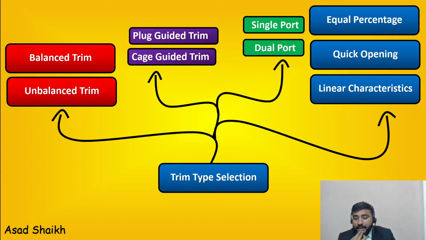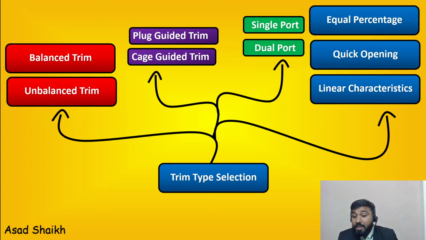Okay, cage guided, linear, equal percentage. In our plants, it's under mechanical scope. Equal percentage, balanced trim design. See, now you get combinations coming in. Equal percentage, unbalanced trim.